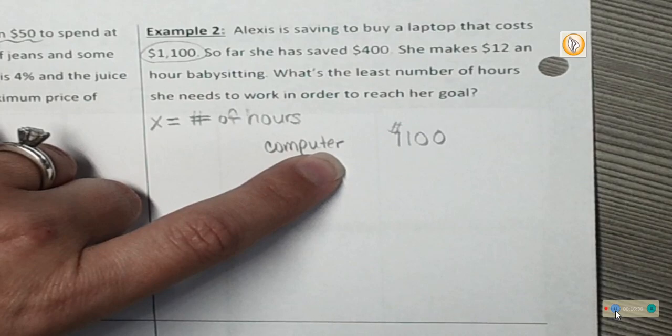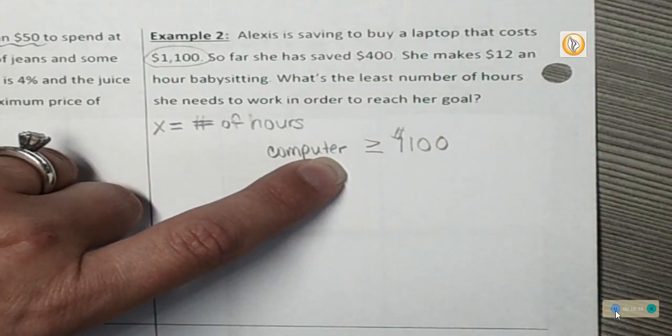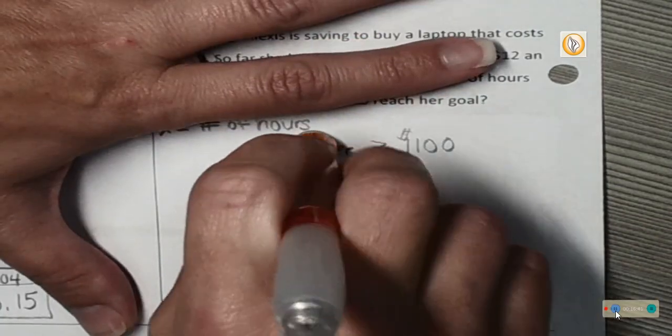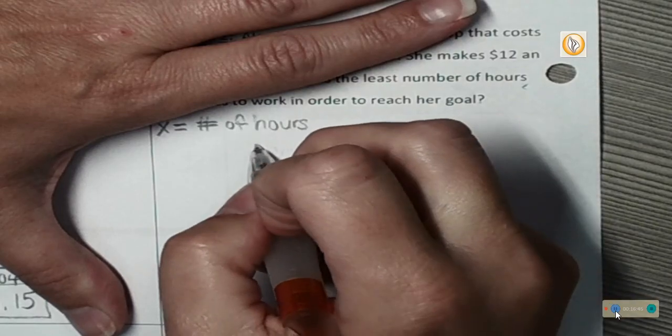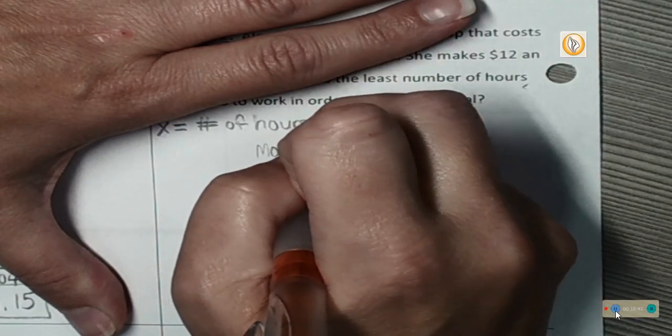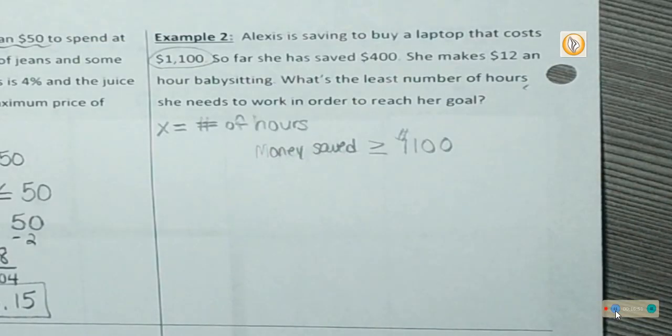Can she get the computer? Okay. So what does she have to do? She has to save money until she gets greater than or equal. So I guess I shouldn't write computer. I should write money saved. Because she's saving up money to get the computer.